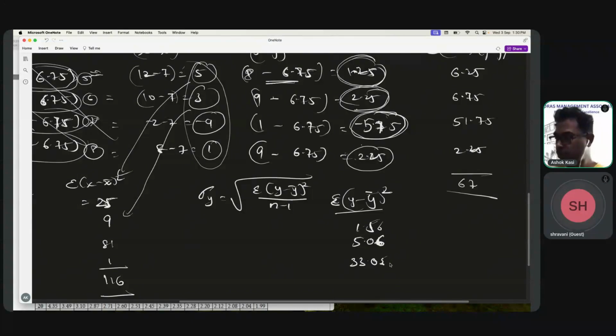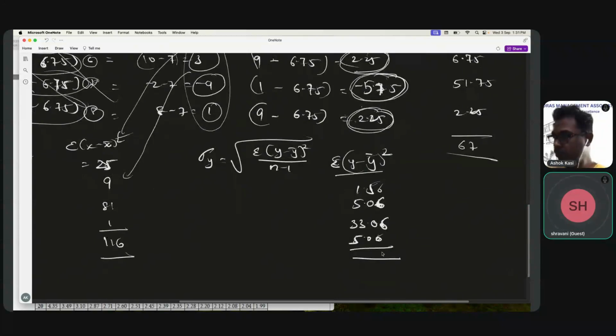Then 2.25 square, the same one, no? 5.06. Now you add all this. 44.7.